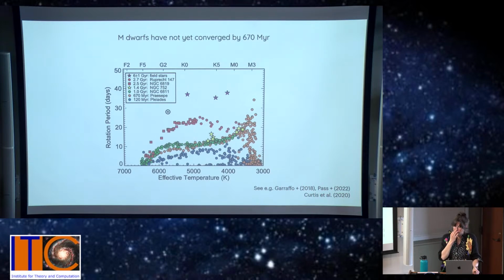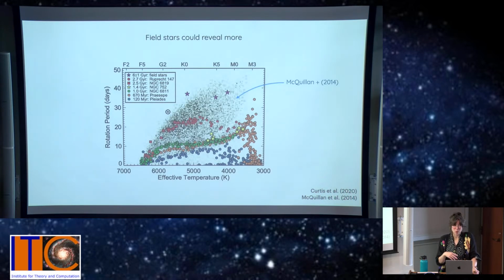So, as I mentioned, gyrochronology has been historically calibrated using clusters and the sun, with a few asteroseismic stars thrown in there. But there is a wealth of data from Kepler that is not being used to calibrate gyrochronology because we don't have ages for these stars.